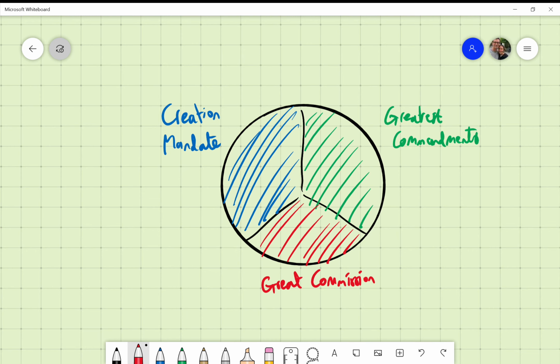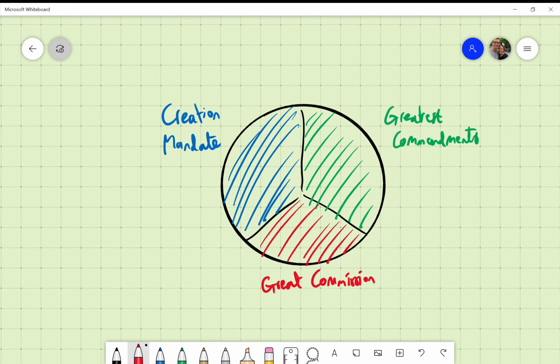Now, none of these three, we said, cancel out any of the others. They all still stand. They're all very important. And they really do create a very helpful framework to know what it is that we should be about with our lives. And so today I want to give you three examples of people in history who really did this quite well.